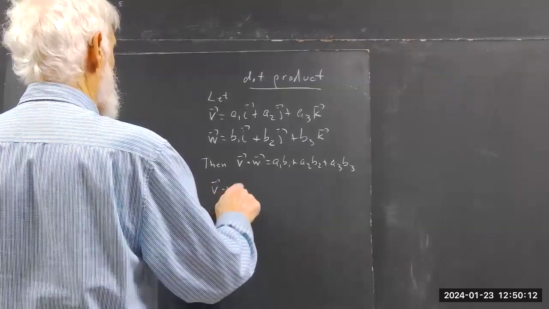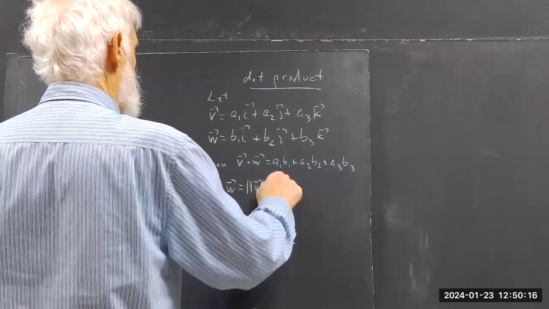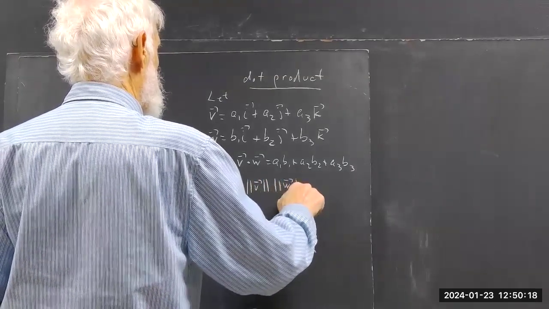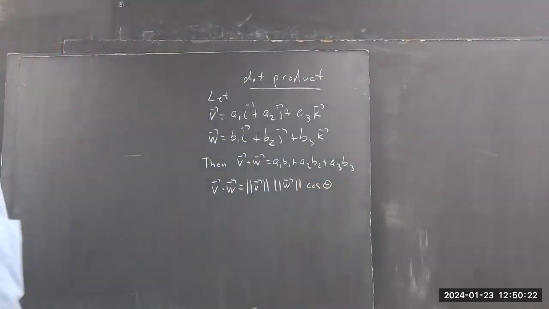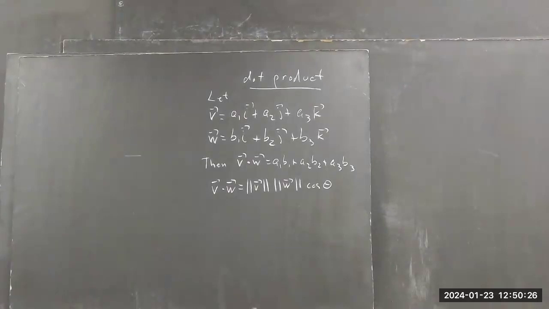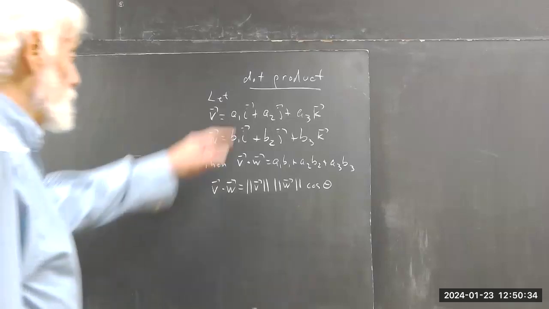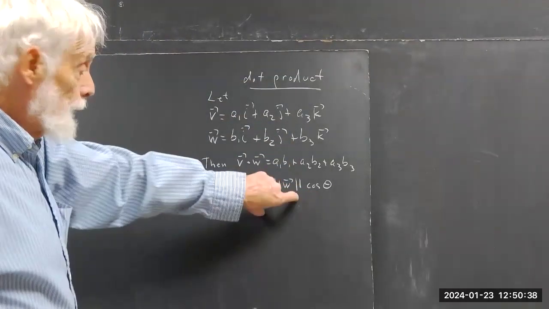Also, V dot W is the magnitude of V times the magnitude of W times the cosine of theta, being the angle between. Everybody familiar with all that? Have you seen that? Understand that? Okay. Meaning that the angle between these vectors is the inverse cosine of this divided by this.